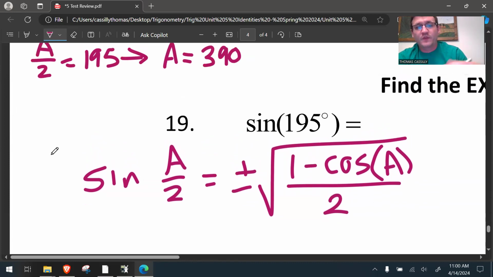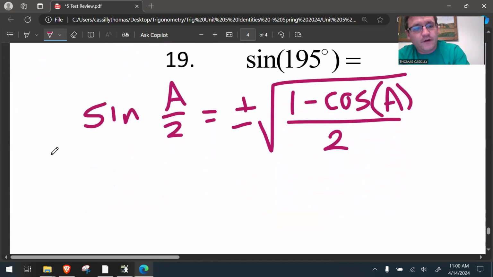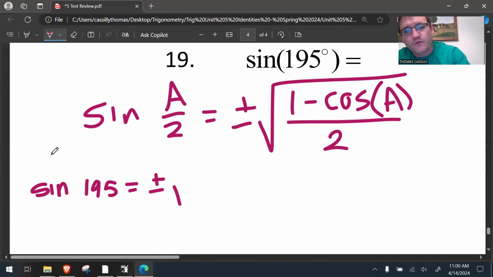Right? So plugging that in here, we know the sine of 195 equals plus or minus the square root of 1 minus the cosine of 390 all over 2.